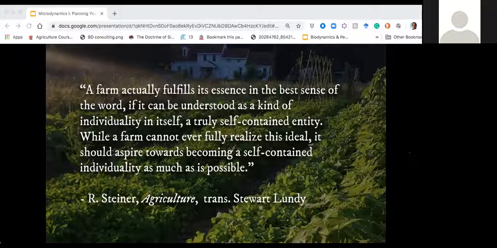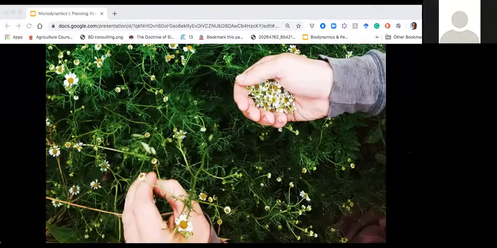It is a diverse representation of a unique spot in the ecosystem, and that's how we build this. So having these concepts as the groundwork for how we then approach building a garden and developing a space is really essential, or it can seem a bit haphazard. This is me harvesting some chamomile.